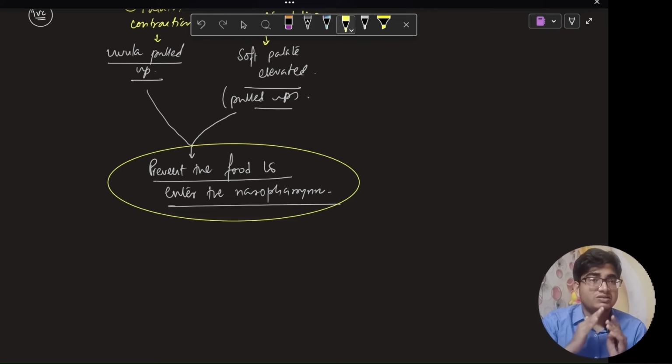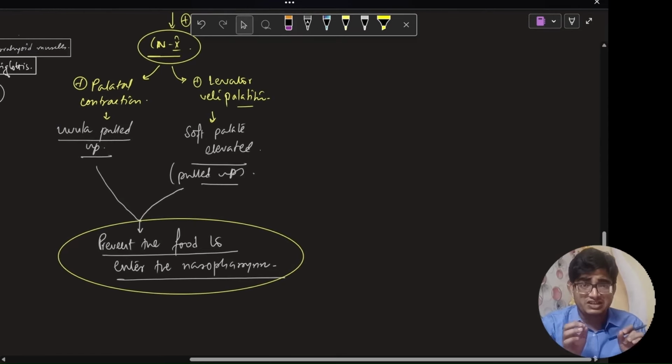Correct? So the soft palate is pulled up, as well as the uvula. Correct? But not only because of the soft palate and uvula getting pulled up by the action of the 10th cranial nerve, the soft palate also has to be tensed enough to get pulled up.